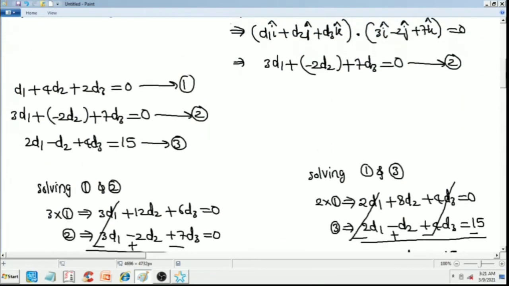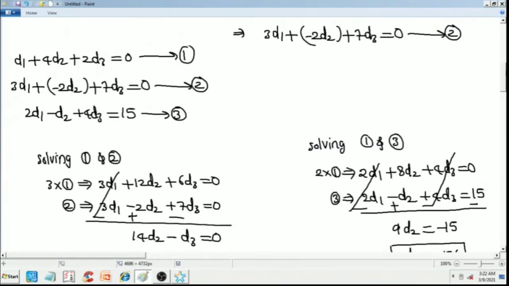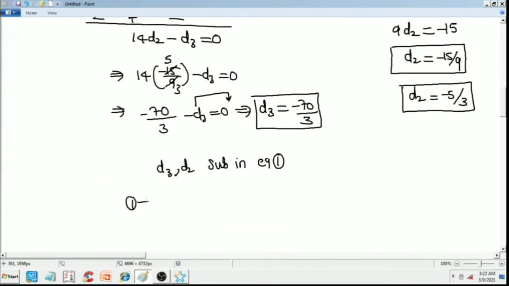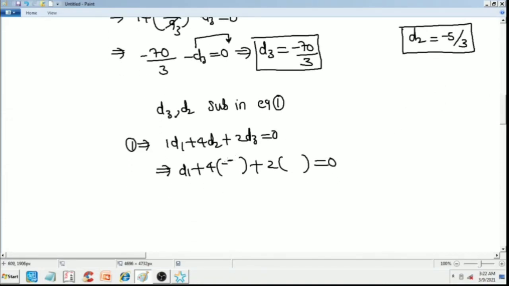Next, substitute d2 and d3 in equation 1. Equation 1 implies d1 plus 4 times d2 plus 2 times d3 is equal to 0. We don't know d1. Now here d2 is minus 5 by 3, d3 is minus 70 by 3.